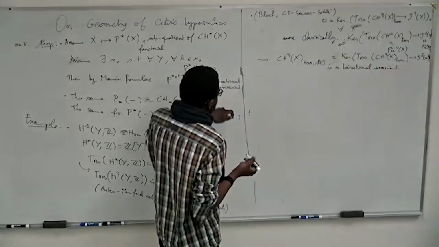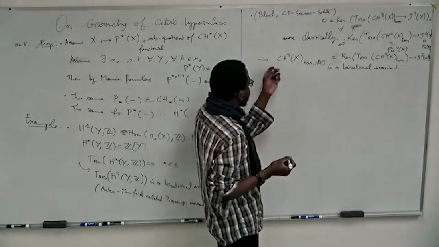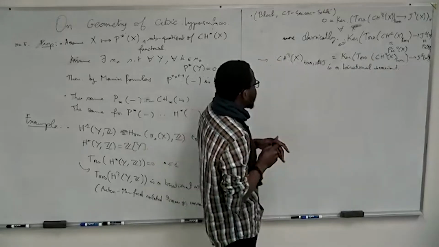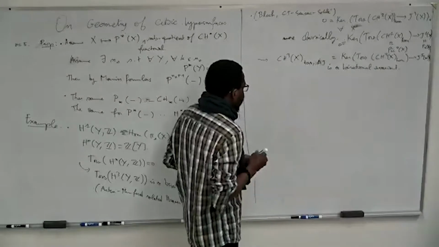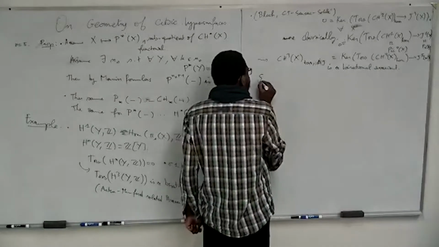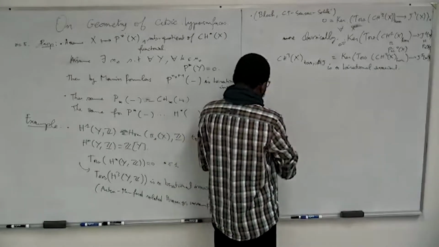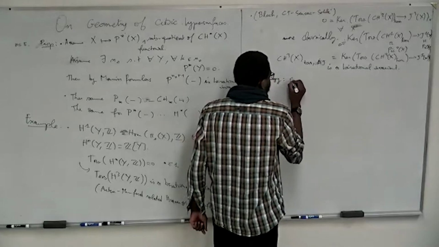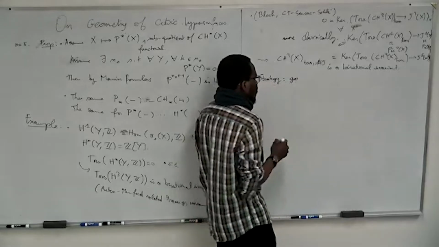So I've tried to work on computing, or on showing, that this invariant vanishes for cubic fivefolds, and the strategy was to go back to 1-cycles on the variety of lines of the cubic.